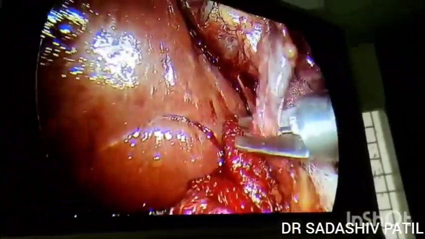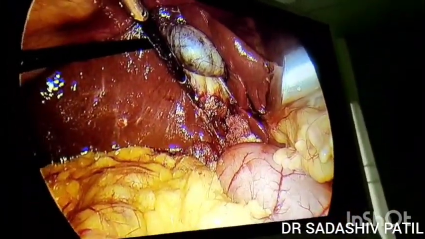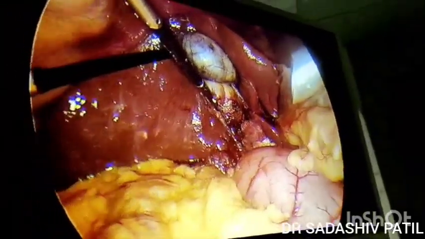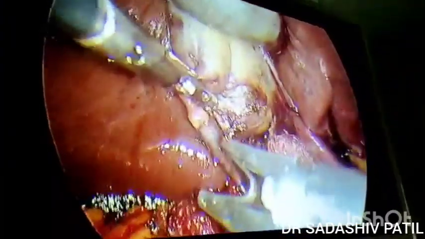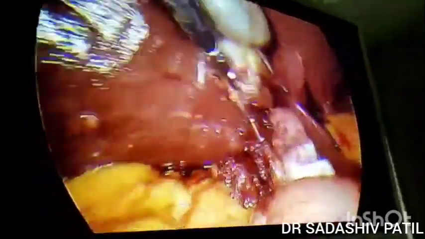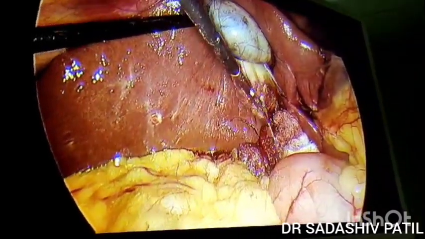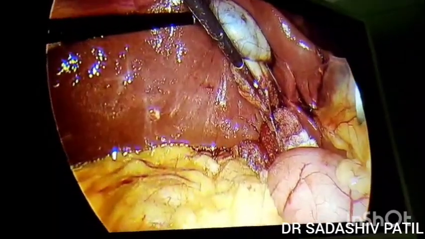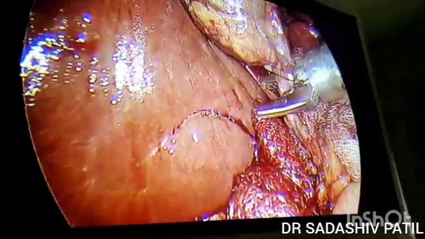The cystic artery was coagulated with monopolar cautery and cut.